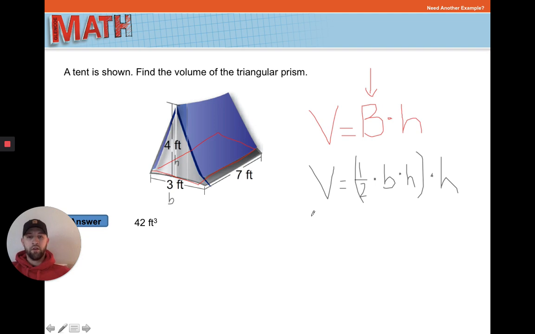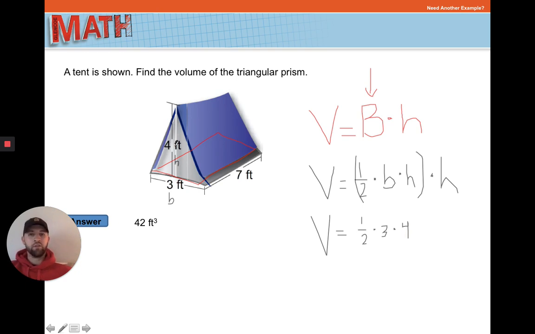All right, let's go ahead and plug in what we know, okay? Let's deal just with this triangular base first, okay? 1/2 times the base, which we said was 3 right here. Okay, now let's deal with the height going up and down. 4. Remember, height is just for the triangle.